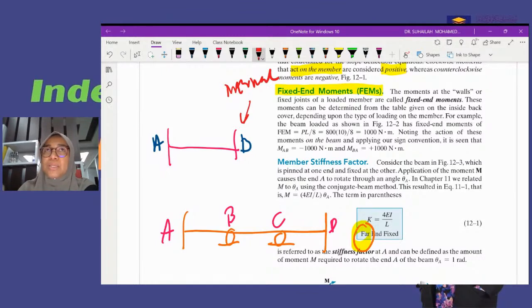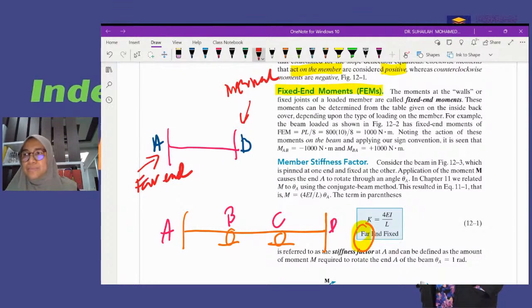Internal is always assumed as fixed. So A is called the far end. This is the far end, so it is far end fixed. For far end fixed, we use 4EI over L.